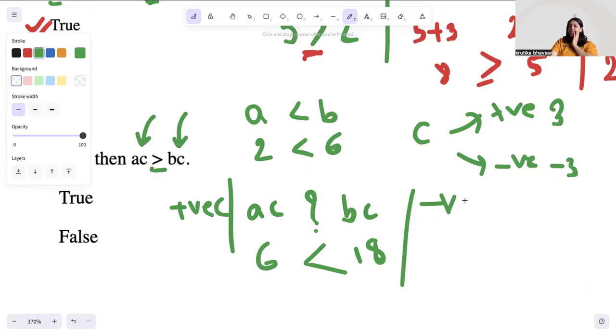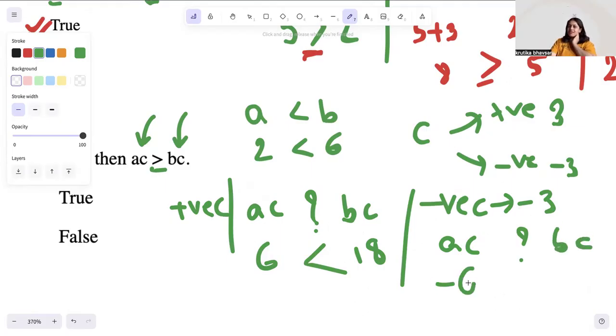What happens for your negative C? Now your negative C is minus 3, and you have to find the relationship between AC and BC as usual. So minus 3 into 2 is minus 6. And minus 3 into 6 is minus 18. What do you have? You have minus 6 greater than minus 18.